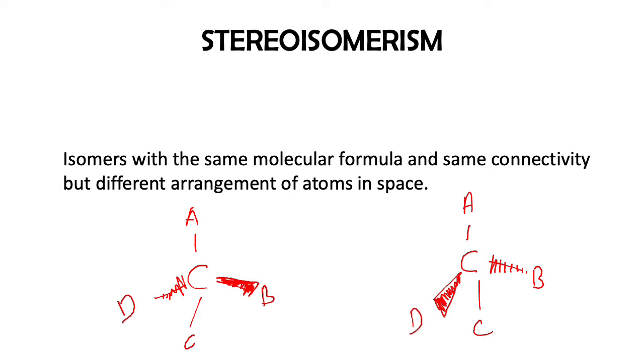Ini yang kita namakan sebagai stereoisomerism, which is semua connected to the same carbon, semua sama, tapi dari segi susunan mungkin ada molekul yang diunjur ke hadapan, tapi yang satu lagi unjuran itu ke belakang. Okay, so kalau ada masa, madam akan tunjukkan video lain untuk membuatkan awak faham.